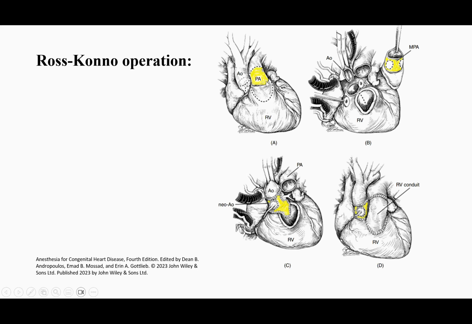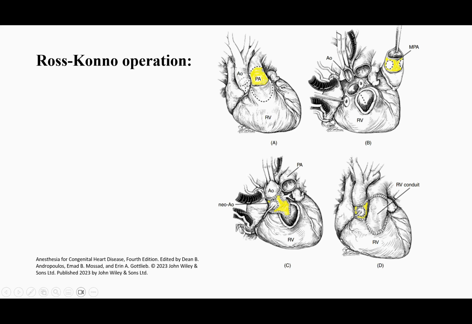We take the pulmonary artery of the patient. This is the pulmonary artery of the patient, and then we open the heart, and we open the RVOT and the LVOT to widen the LVOT, and then we put the pulmonary valve with a part of the RVOT as a patch for the LVOT.